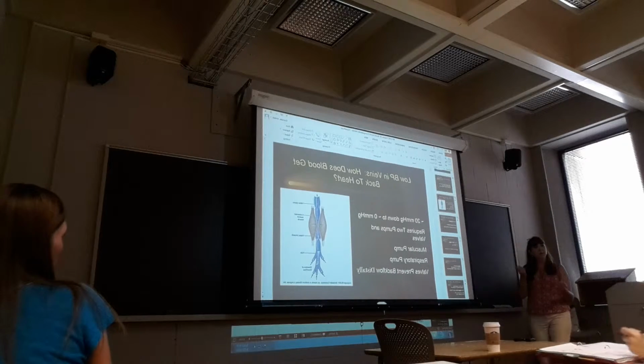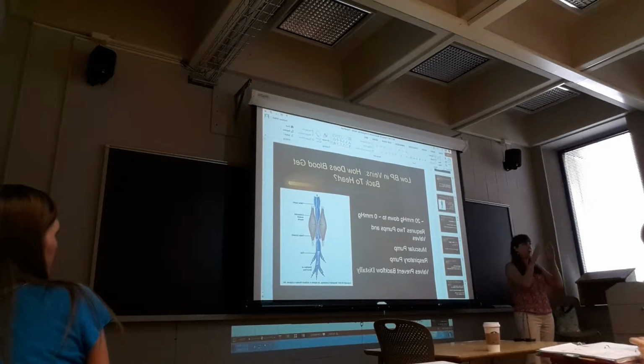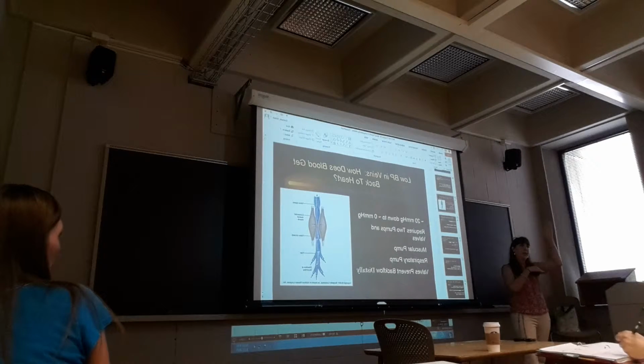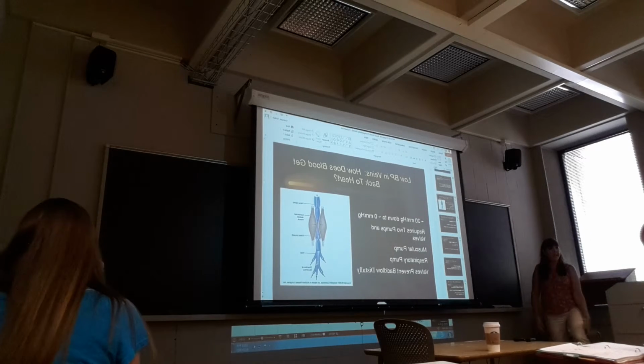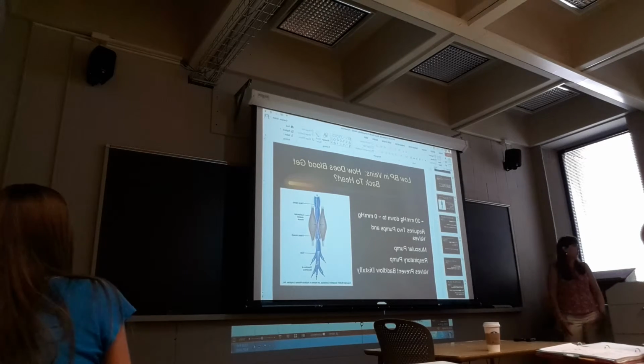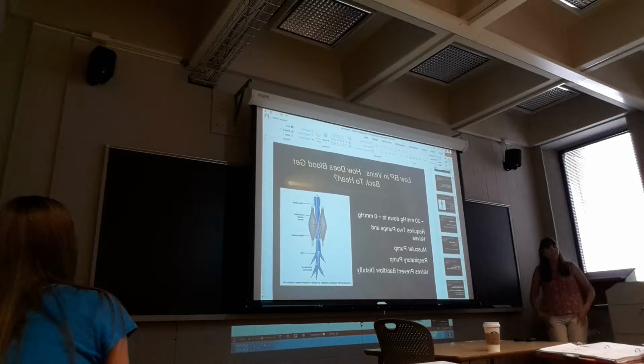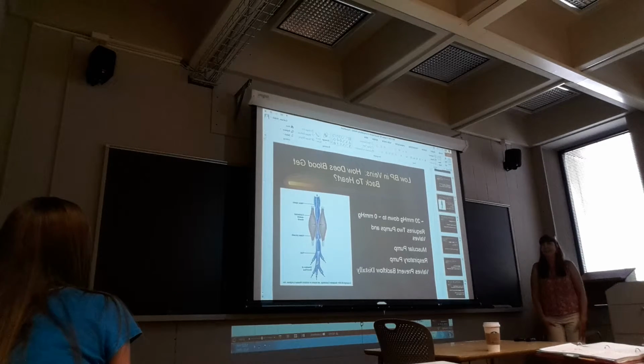So we have to be moving around to keep that blood going, and then those valves will close to keep the blood going up. If we just keep standing, we're not moving, so the blood starts pooling and it pushes out on those small vessels. That's varicose veins. Whether it be in your legs, usually we see it behind our knees, or somewhere in our legs, because that's gravity working against us.